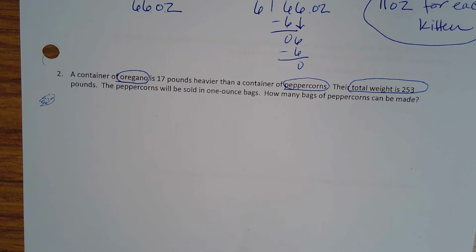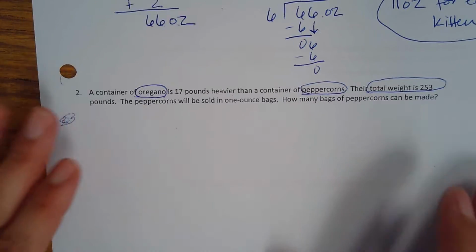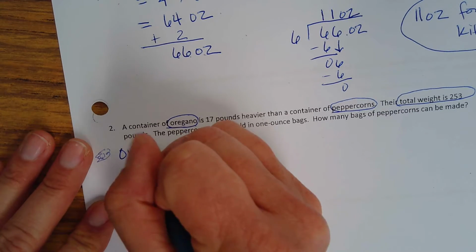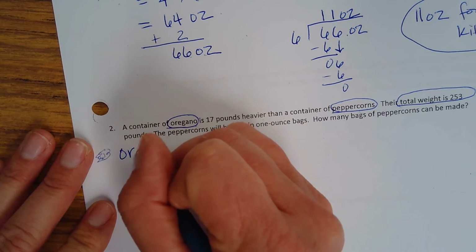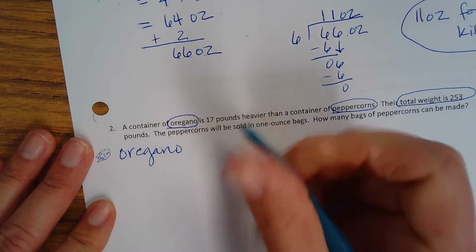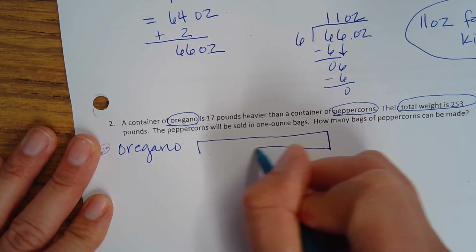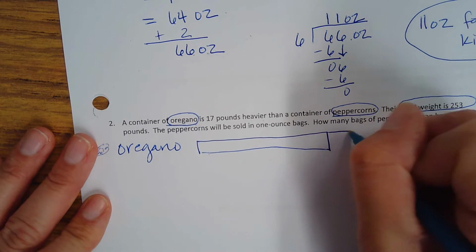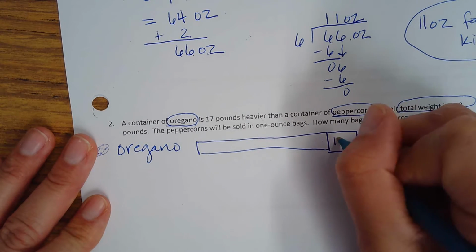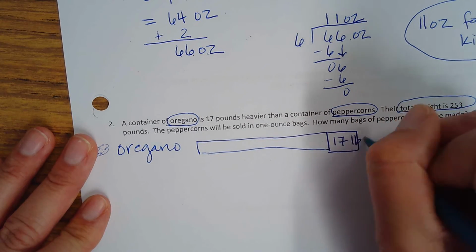So the peppercorns will be sold in 1-ounce bags. How many bags of peppercorns can be made? Well, let's go ahead and just start out by drawing a picture. So what we know is oregano is equal to a certain amount plus 17 pounds, right?